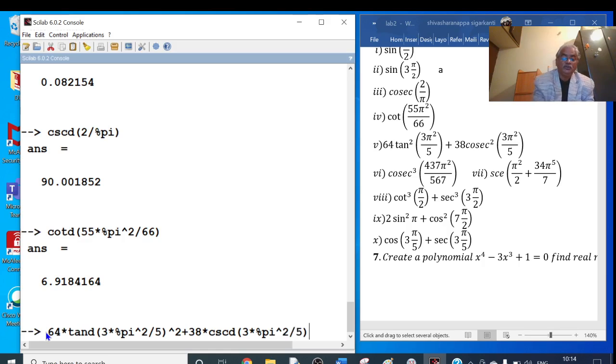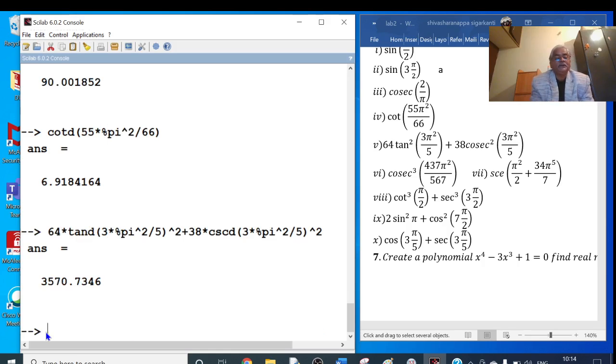To this also I have to give square, that is power 2. This is 64 tan square of 3 pi square by 5 plus 38 cosecant square of 3 pi square by 5. Enter. Press the enter button. I am getting this value.